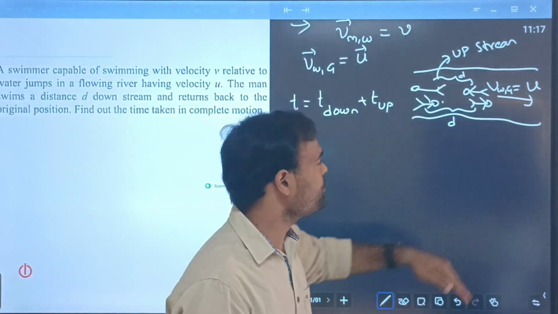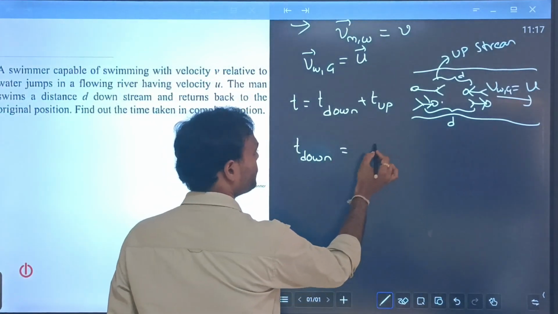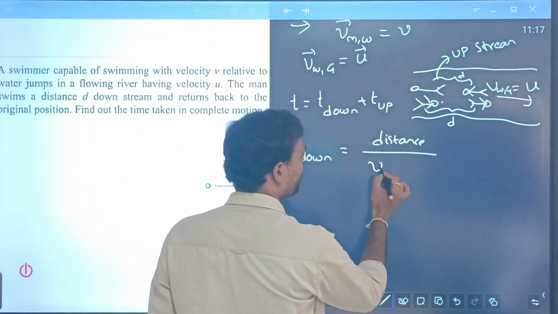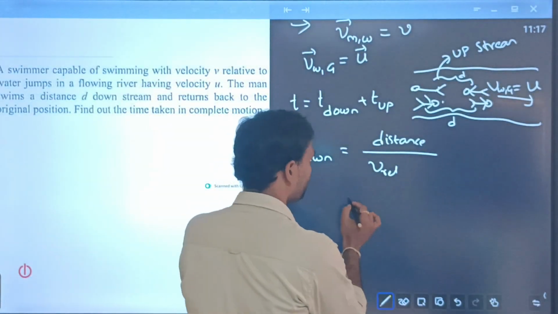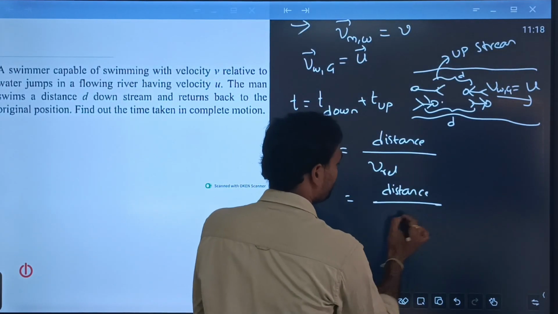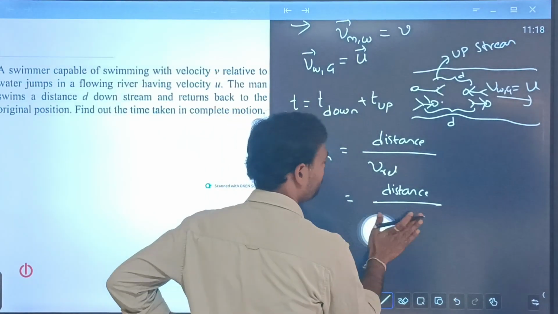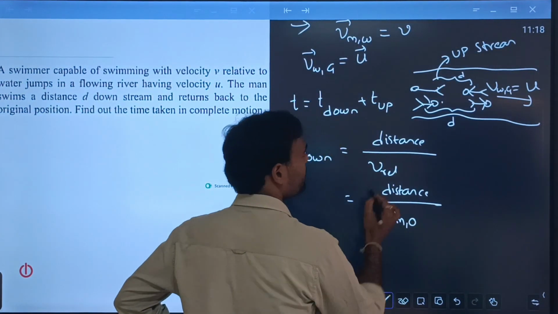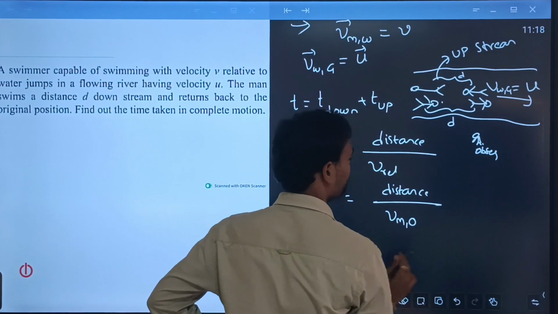Now, time taken for downstream is t down, equal to distance traveled by velocity relative. Velocity relative here means distance by velocity of man with respect to observer. Suppose here the observer is present. Here is the observer. Right?